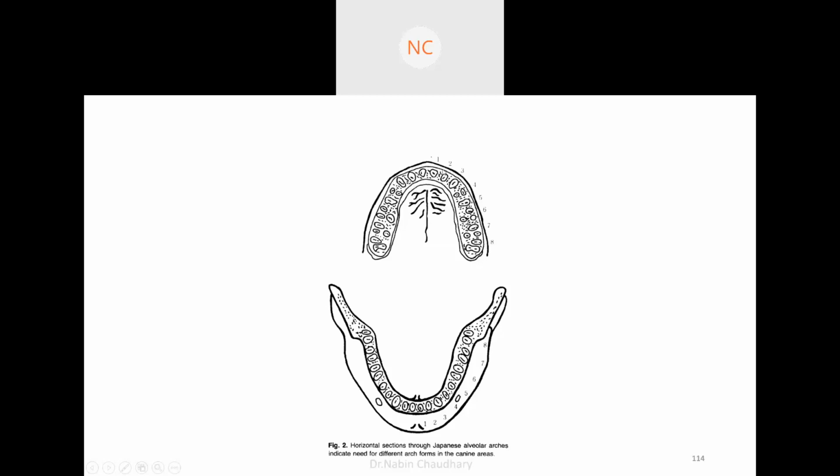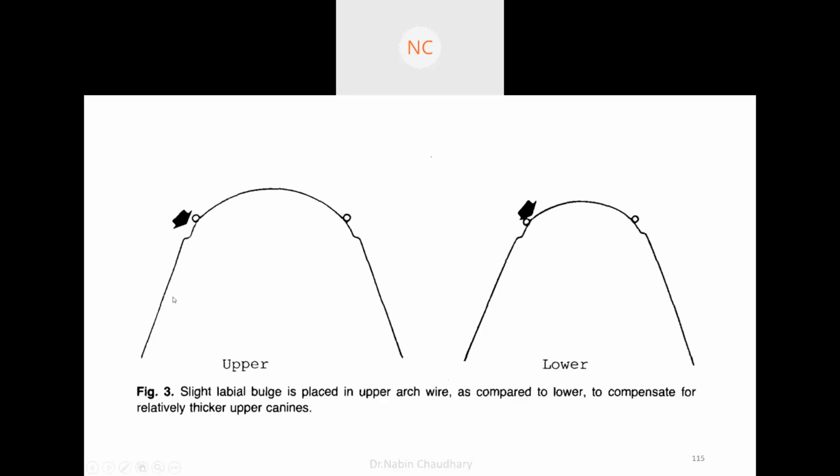So they modified the archwire in such a way that they had more canine to canine curvature in both the upper and lower arch. This is the modification in the archwire that was done so that they can suit the population of Japan. There was more canine offset that was required in the population of Japan.